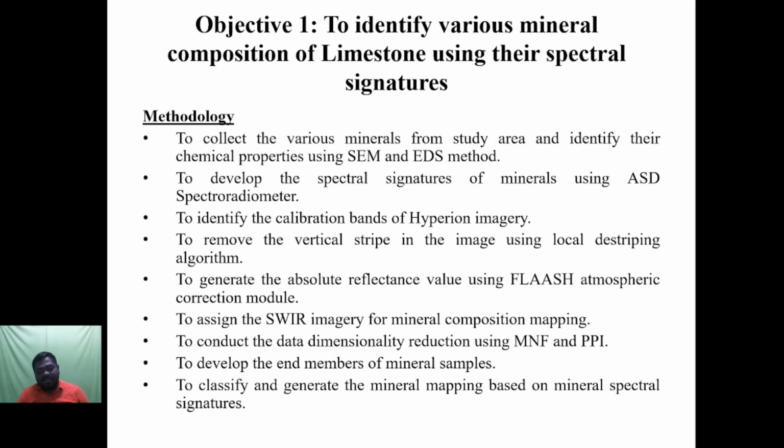After that, the Hyperion imagery has three regions: visible, VNIR and SWIR. Visible means the visible region, normally 0.4 to 0.7 micrometers, which is visible to our eyesight. It is normally denoted as RGB layers.